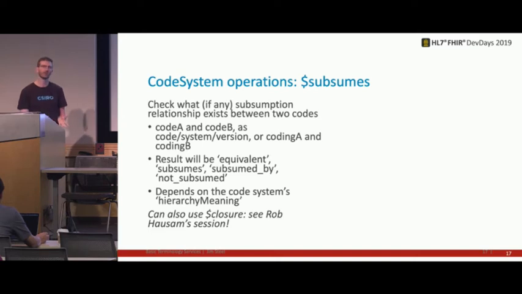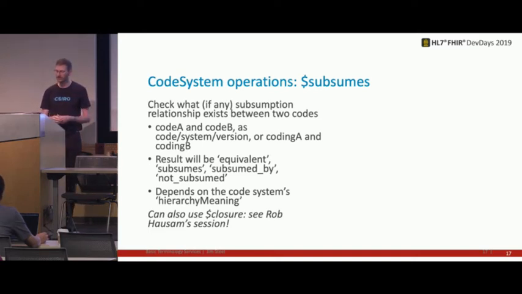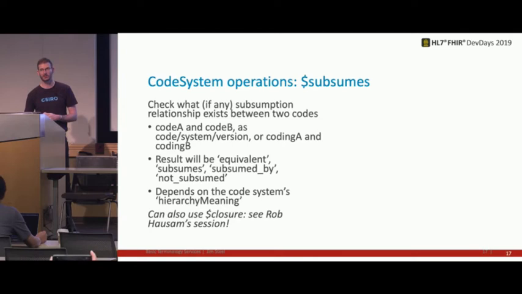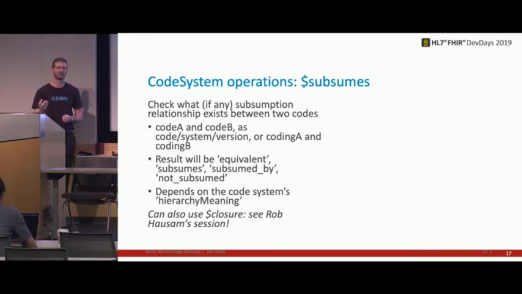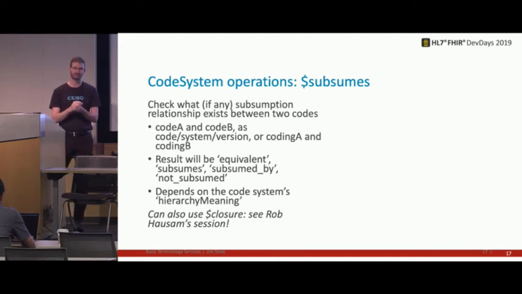The other operation that we want if we want to explore codes is subsumes. Subsumes allows us to explore the hierarchy relationships that may exist between codes in a code system. So this is very dependent on whether the code system has a hierarchy that actually involves subsumption. When we define a code system, we can tell it that when I put hierarchy in here, it's just my own convenience.